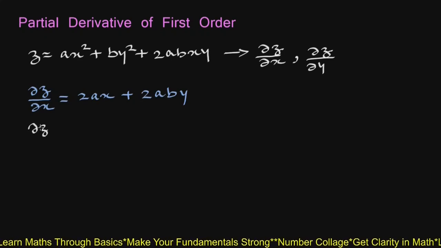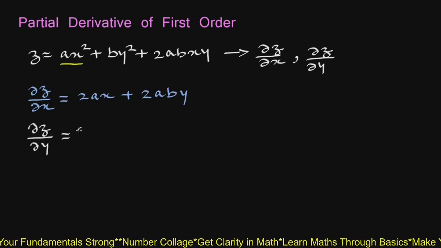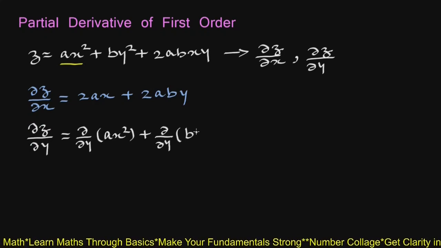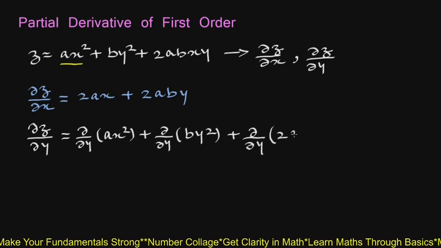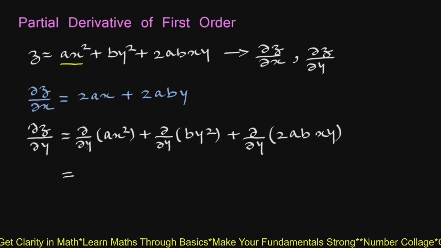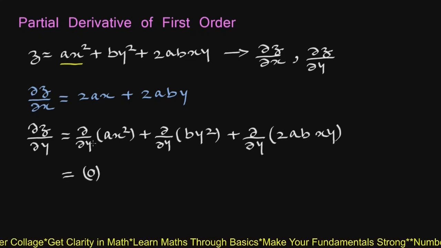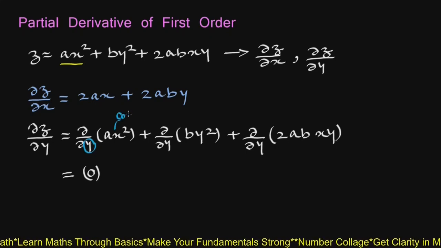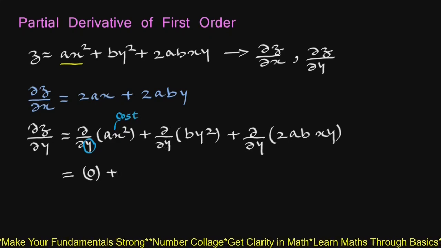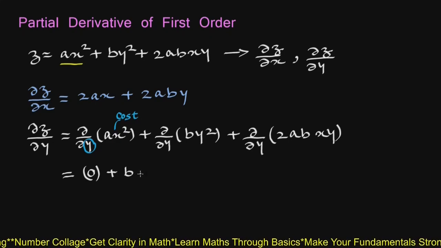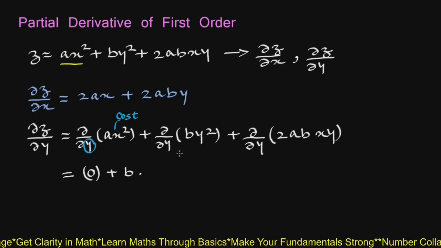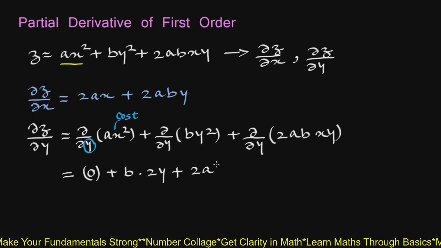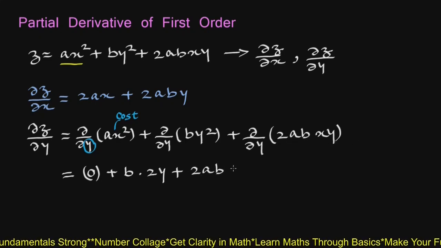Now we will find ∂z/∂y directly, which equals ∂/∂y of ax² plus ∂/∂y of by² plus ∂/∂y of 2abxy. ∂/∂y of ax² will be 0, because we have to find the partial derivative with respect to y, so ax² should be treated as constant, plus ∂/∂y of by² will be b into the derivative of y² with respect to y, 2y, plus ∂/∂y of 2abxy will be 2ab, and for xy we use the product rule.